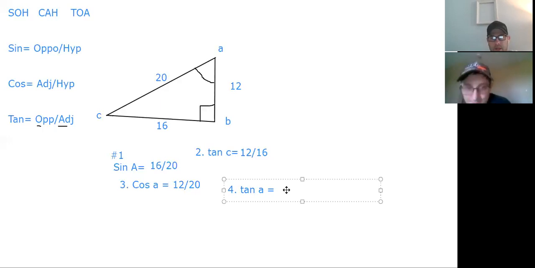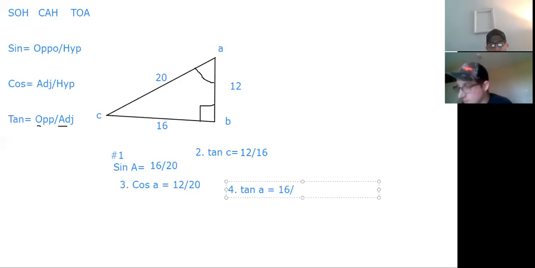What's the opposite of A? 16. Good. Adjacent is part of the angle. Is that 20? Nope. Remember, 20 is always hypotenuse because it's the biggest. For all these angles, 20 is always hypotenuse. Hypotenuse is always the biggest side of the triangle. So what's that leave us with? 12. Yeah.